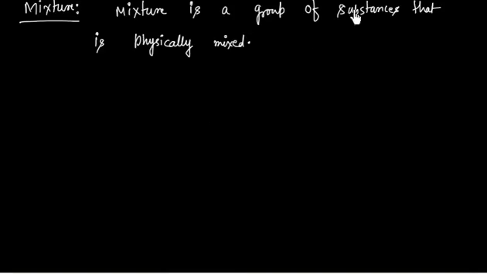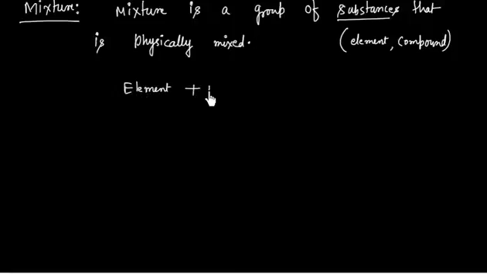And substances can be elements as well as compounds, both. So you can have a mixture of element plus element, like an alloy, like a mixture of zinc plus iron, a mixture of H2 plus O2, or a mixture of helium plus argon.